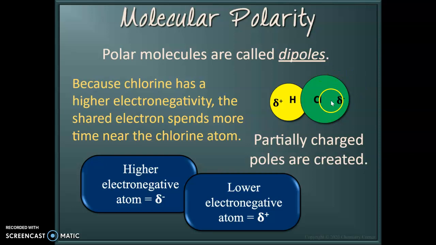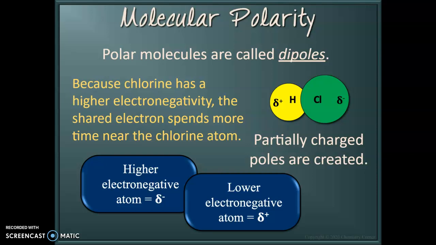Our nonmetal, chlorine, is going to be more likely to attract those shared electrons to its energy orbits. Because chlorine has the stronger pull on the electrons, pulling them closer to itself versus hydrogen, it's going to have a partially negative charge.